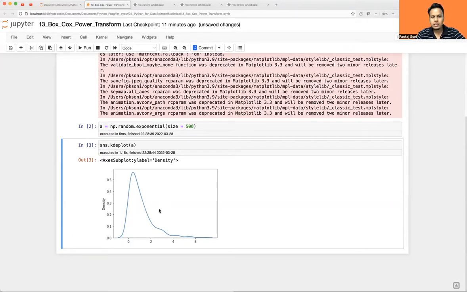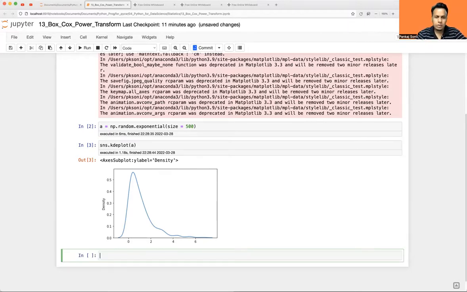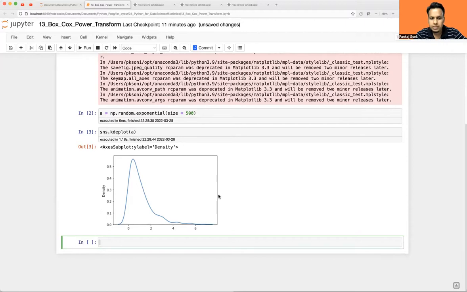So this skewed data, the moment you see, it is definitely not following the Gaussian normal distribution. How can you say it is not following the Gaussian normal distribution? By looking at the KDE plot, because it is right skewed, or positively skewed. I'll do a QQ plot of this with respect to the Gaussian normal distribution.